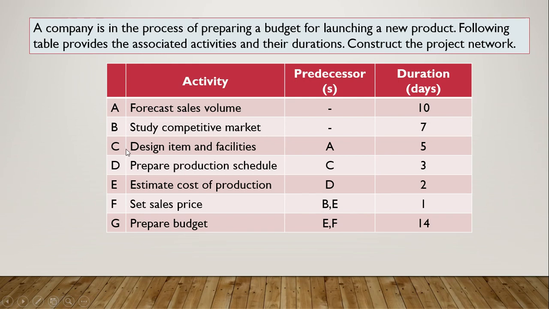Activity C can be started only after completion of activity A. Similarly, activity D can be started only after completion of C. E can be started only after completion of D. F can be started only after completion of B and E. Similarly for G, you have to complete E and F. So now we have the activities, their durations and their precedence relationships.